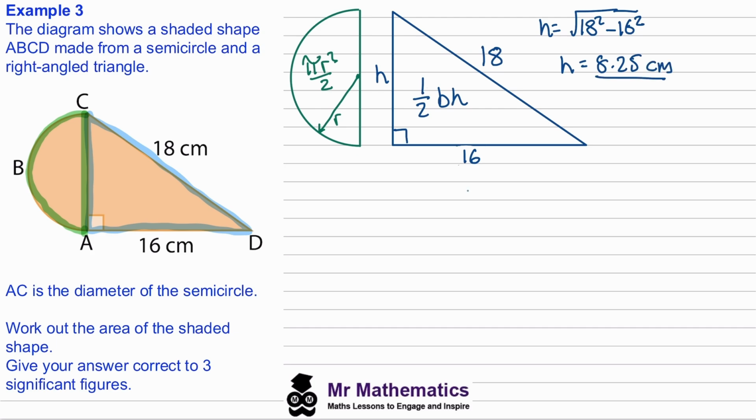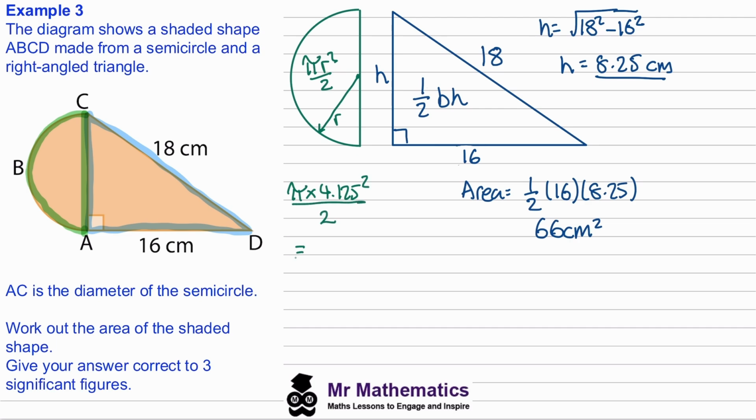So we can work out the area of our triangle as 1/2 of the base multiplied by 8.25. And when we work this out, we get 66 centimeters squared. So then for our semicircle, well, if the height is 8.25, we can divide that by 2 and we get the radius. So the area of our semicircle will be pi times 4.125 squared, the radius squared, divided by 2.